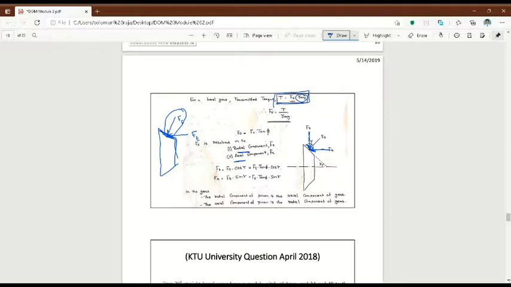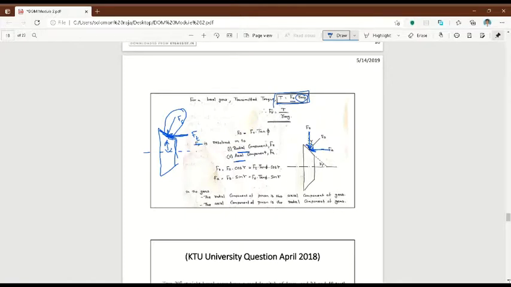Tangential force into this distance, which is R average. If you multiply tangential force and R average, you will get the transmitted torque.